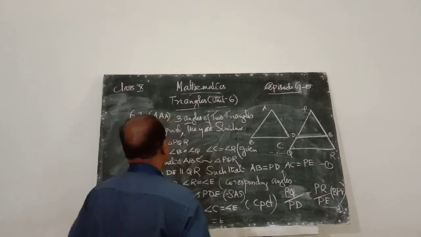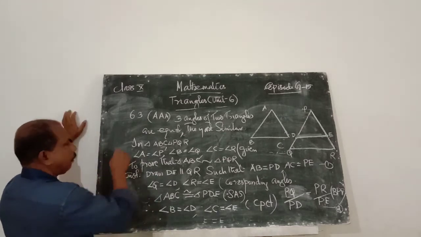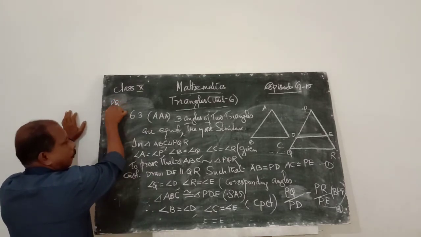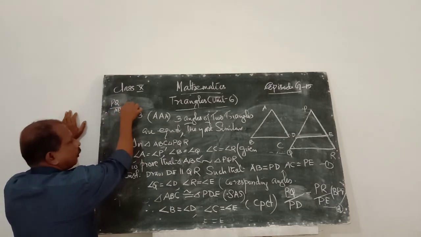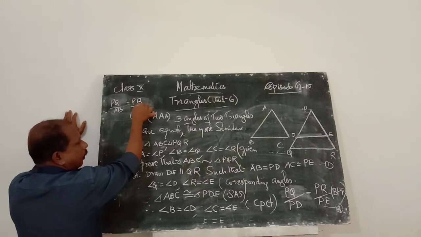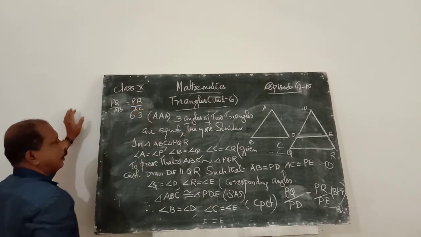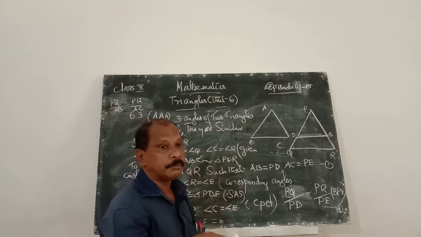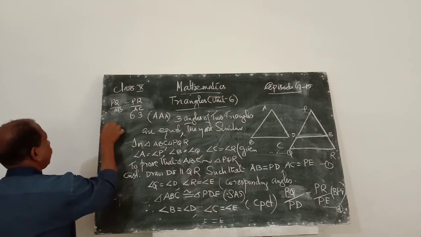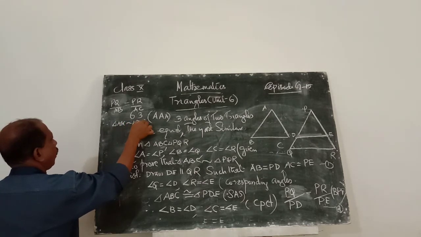From these two, we know that PQ by AB is equal to PR by AC. That means two sides are proportional. Therefore, these two triangles are similar. Therefore, triangle ABC is similar to triangle PQR.